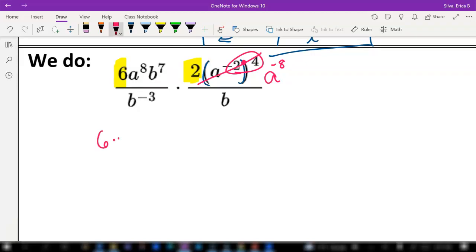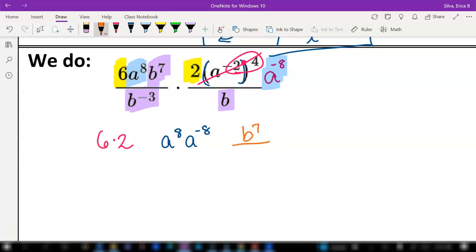It's just 6 times 2. And then we're going to group all of the a's together. So a to the 8th, a to the negative 8th. Then we've got our b's. We have b to the 7th in the numerator and in the denominator, b to the negative 3 and b.